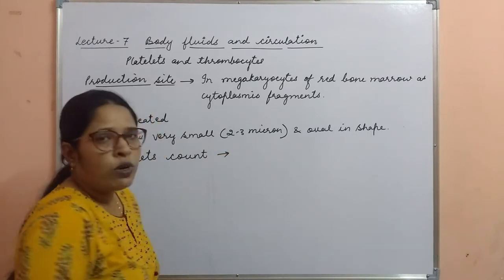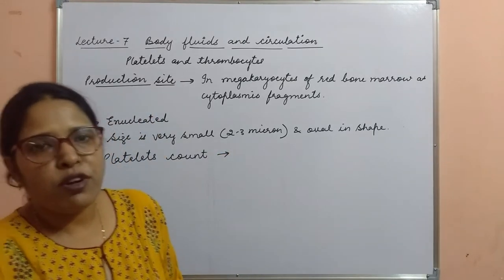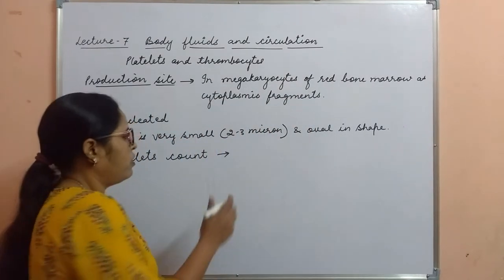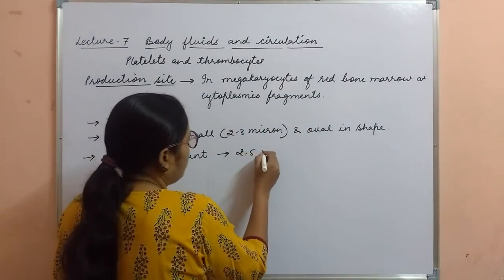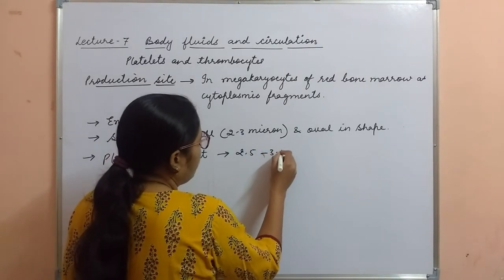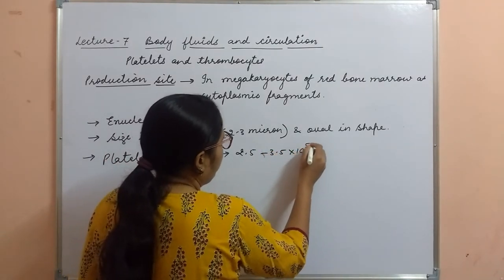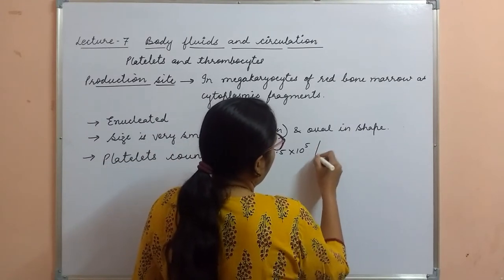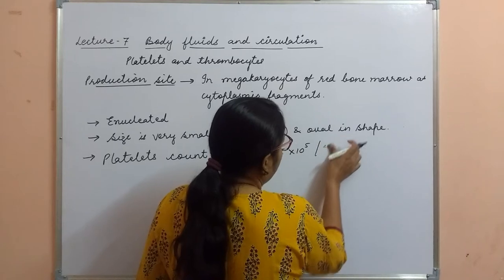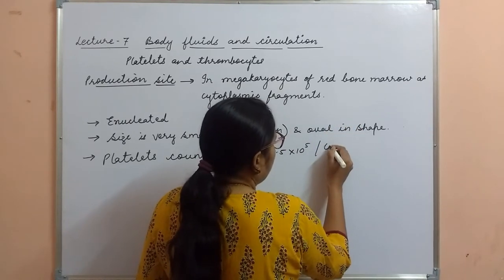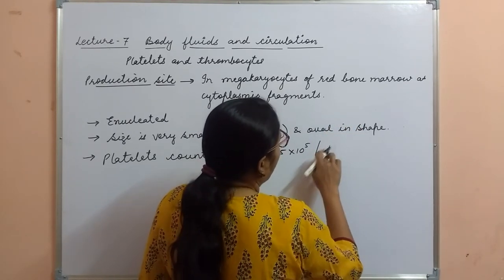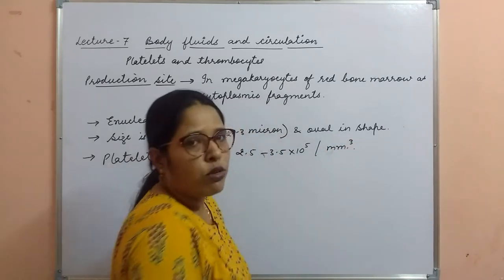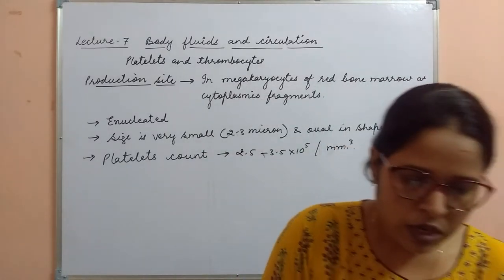The platelet count is approximately 2.5 to 3.5 into 10 to the power 5 per cubic millimeter of blood. Clear? Per cubic millimeter of blood, not centimeter. So this is the platelet count.